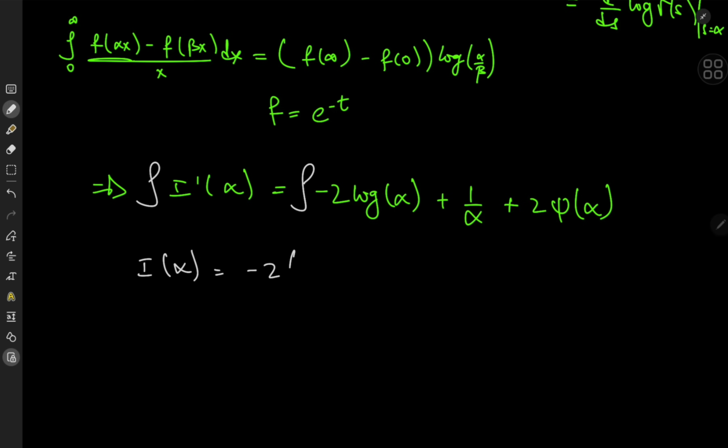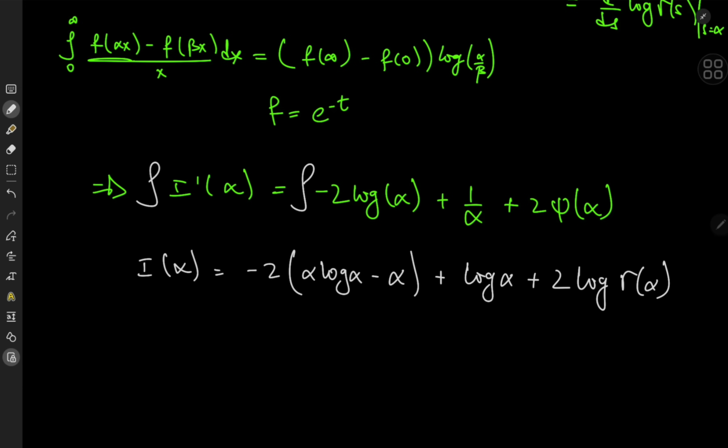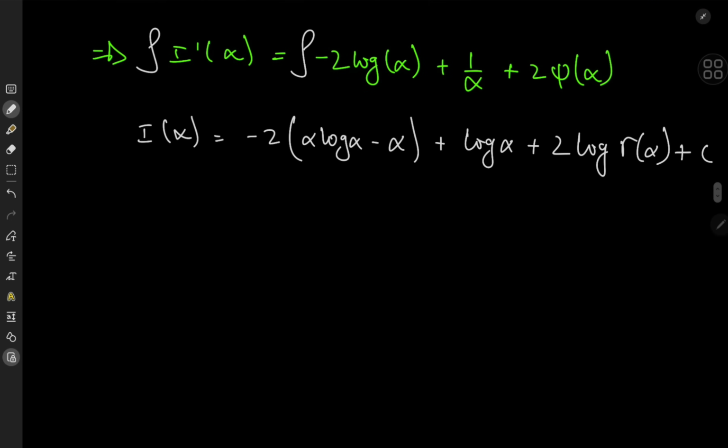A quick integration by parts will reveal that you will get alpha times log alpha minus alpha, plus 1 over alpha sorts out to log alpha, and this thing, like I said, sorts out to log gamma alpha, plus a constant of integration, the evaluation of which is quite interesting.